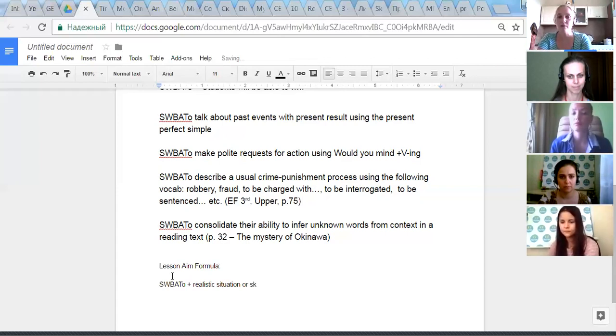Which is a skill out of these four aims? Polite request, I think. Yes, you're right. But for me, it's together skill and realistic situation, but which is like clearly a skill.